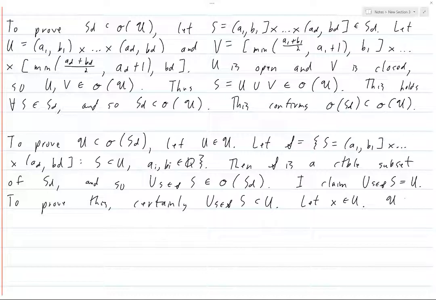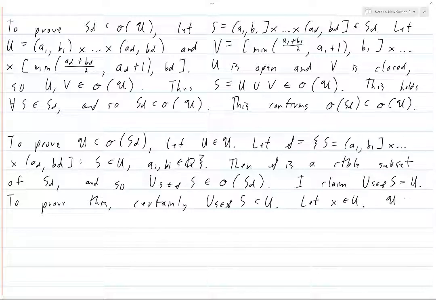Or then again, I don't know. Topology is a nice enough course that you should probably go through it separately. Because it's really cool, and it's also really important in analysis in general.